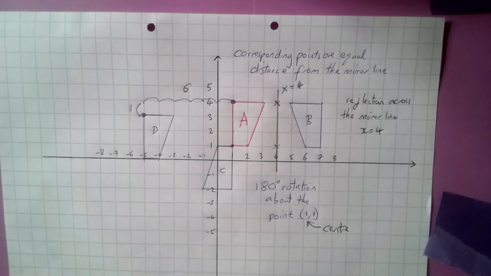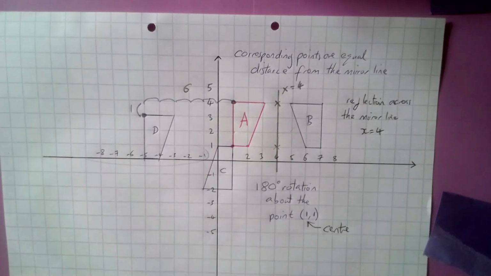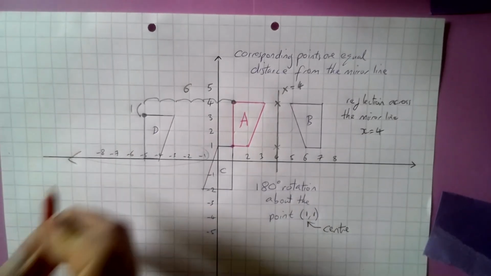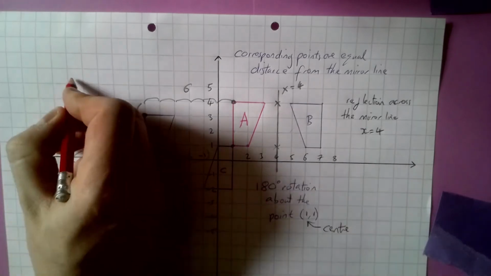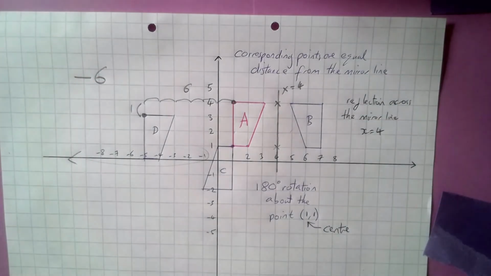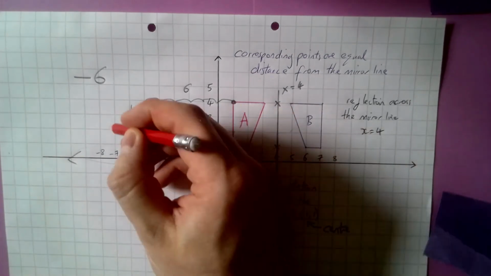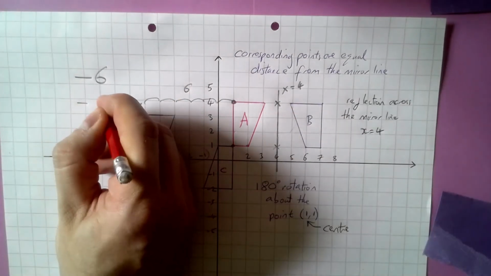Now, thinking about vectors from earlier, that means I've gone negative 6, because if you think that is the negative part of the graph, we're going left. So it's minus 6 to the left, and it's also down 1. And again, we're going down, so it's negative.